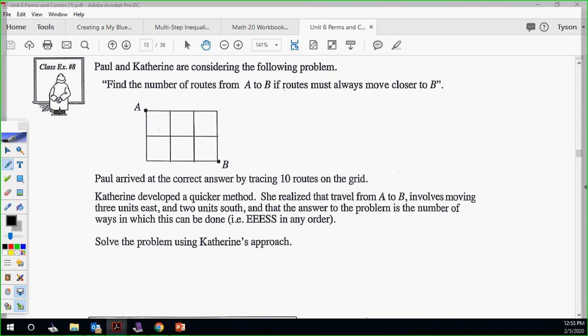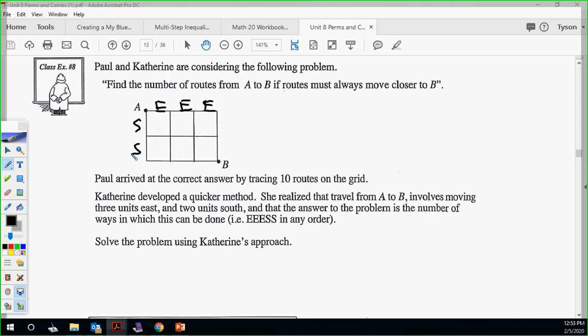She realized that the travel from A to B involves moving 3 units east, 2 units south, and that the way it can be done is E, E, E, S, S in any order. So what Catherine's essentially done is look at it in terms of repetition. There's 3 east, 2 south.